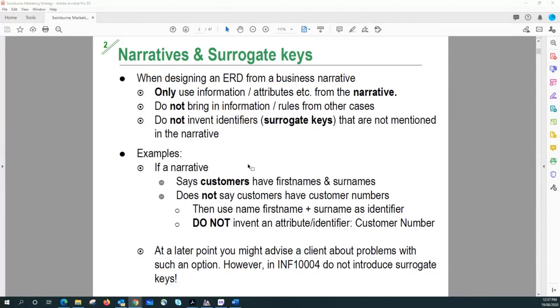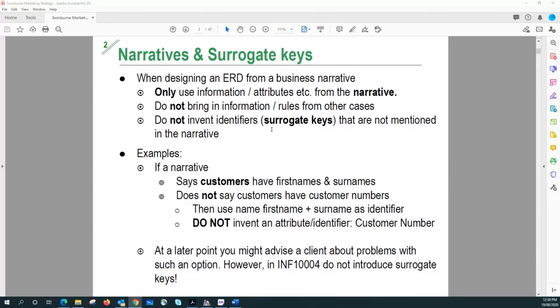Remember, when you have a narrative, please make sure you use only the information or the attributes given in that narrative to design your ERDs or entities. So don't bring any new business rules or any other new information or new attributes to design your ERDs. Okay, so do not invent any identifiers, right?